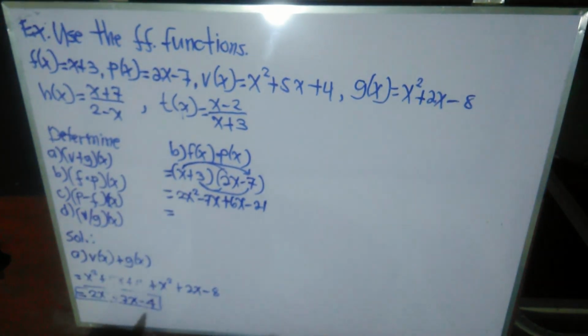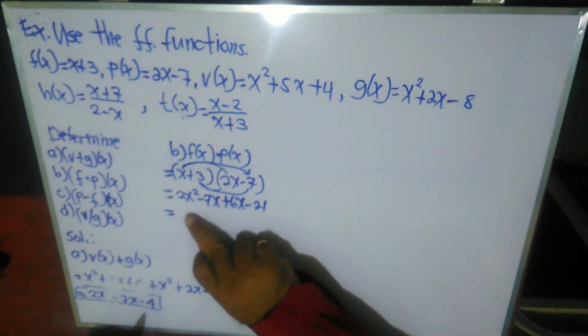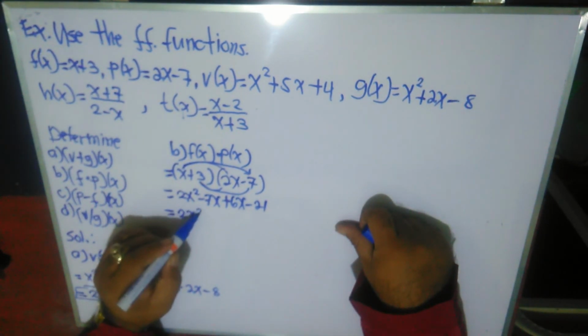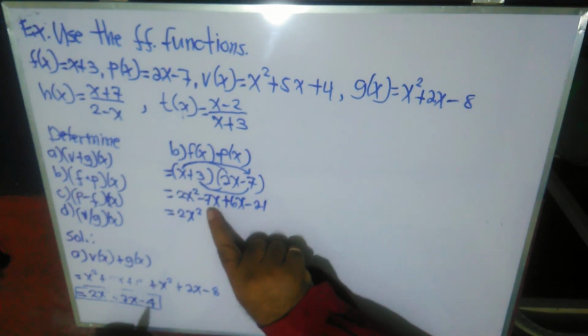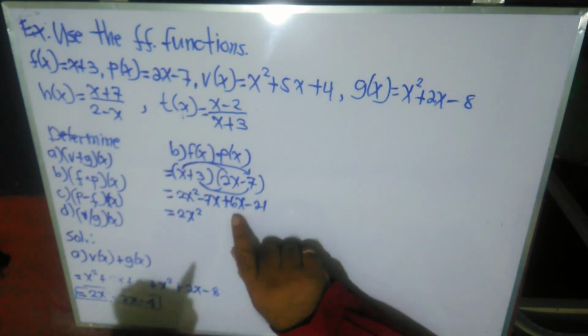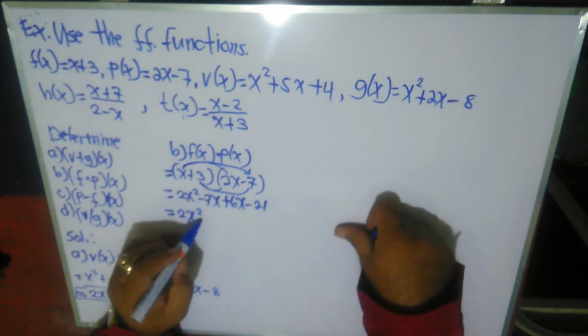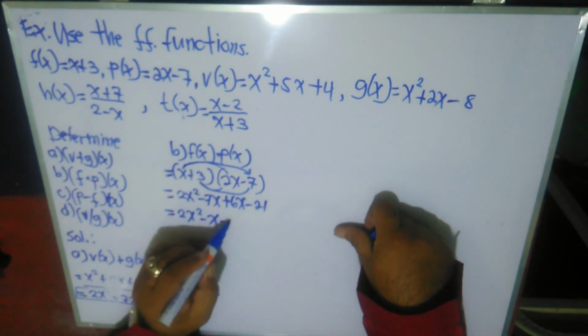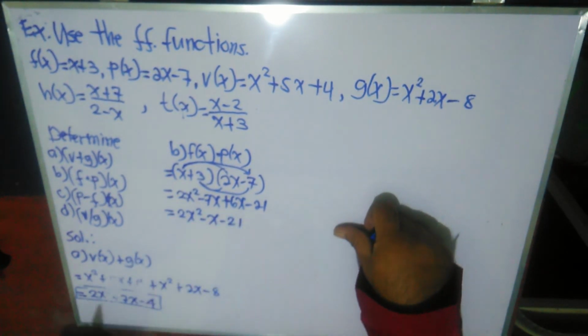Combine like terms. 2x squared has no like terms, so you can copy 2x squared. Then combine negative 7x and 6x, applying the law of signs, that is negative x, then minus 21.